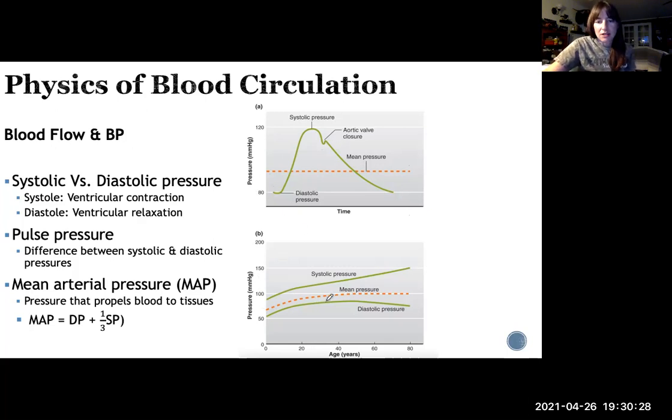This is down below, still pressure on the y-axis, but we're looking at age now on the x-axis instead of time. So as you get older, that mean arterial pressure actually increases, gets higher and may taper off, but it gets higher because your blood vessels become less stretchy. So that pressure is more strongly felt in the vessels because they can't stretch as much.